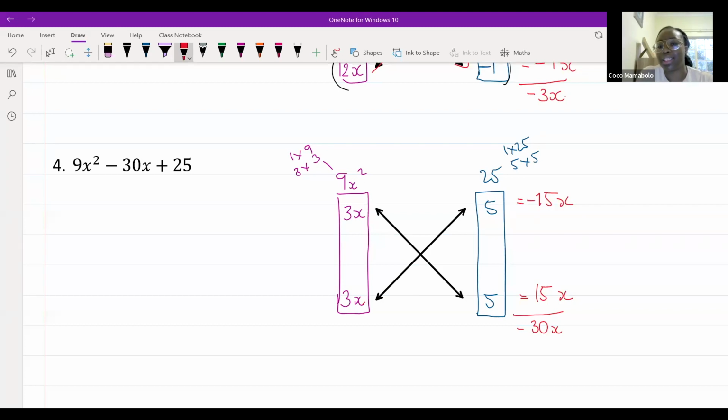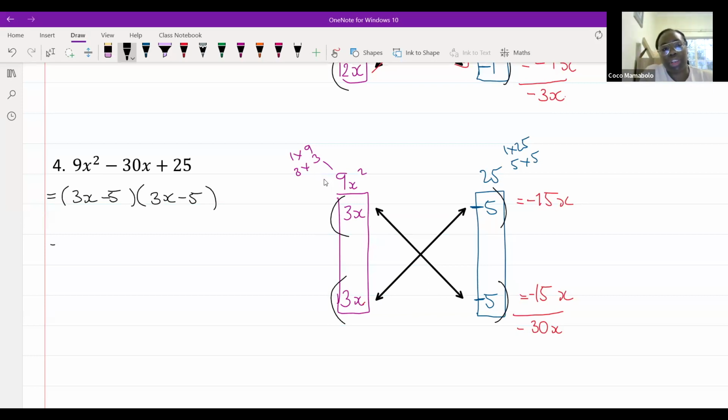So we're going to put a negative here and a negative there. Both of those negatives don't belong there. They belong to the 5s. So there and there. Like that and like that. So my answer over here is actually 3x minus 5 and 3x minus 5. But for good measure, because we are in grade 10, we're going to recognize that this thing is actually a perfect square.